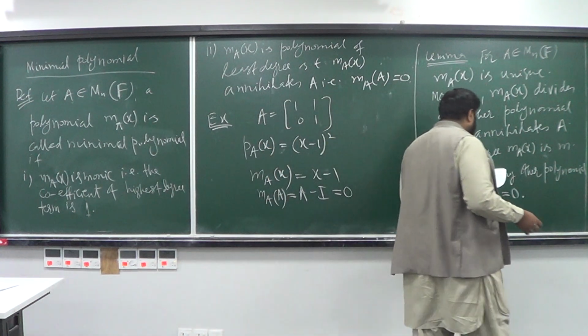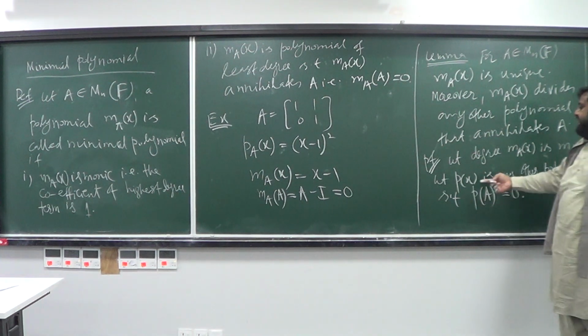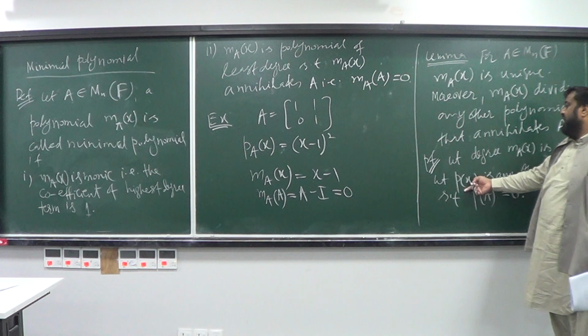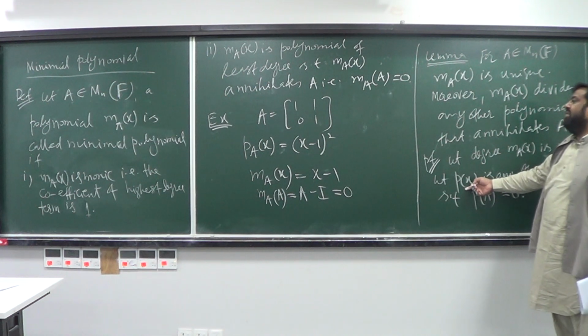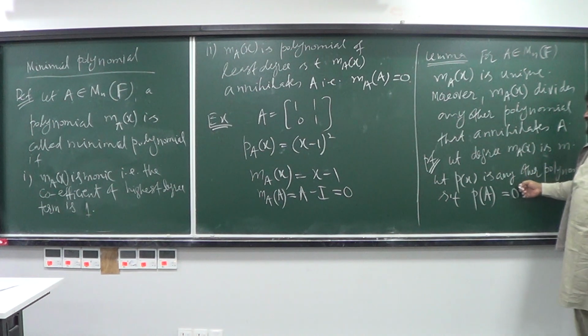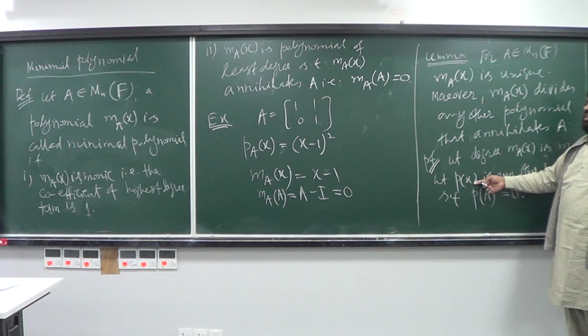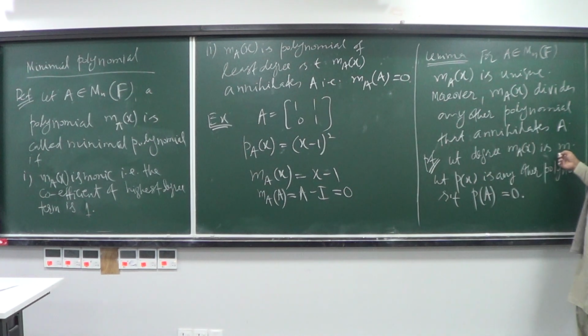Then I can divide. By the way, the degree of P must be greater than or equal to m. P of x is annihilating, in other words P of A is 0, and the degree of P of x must be greater than or equal to m.